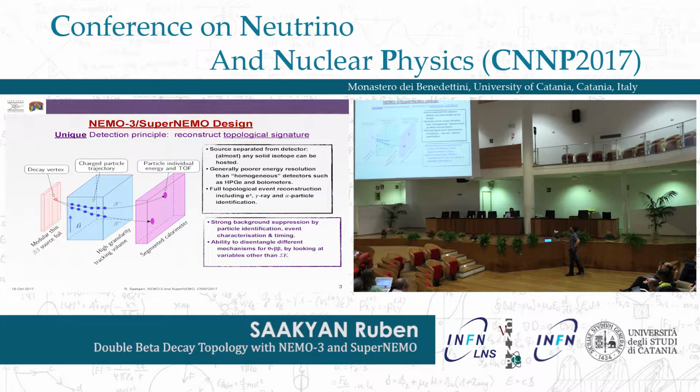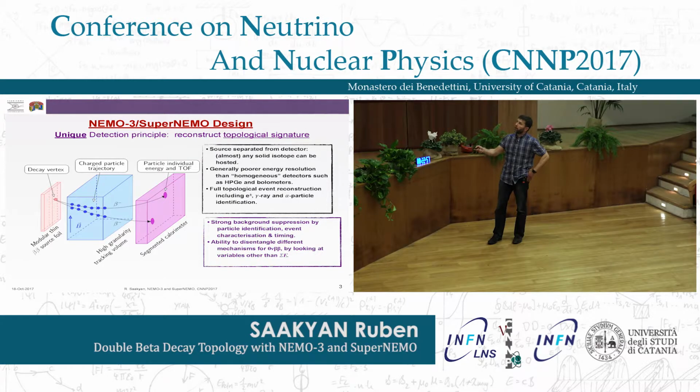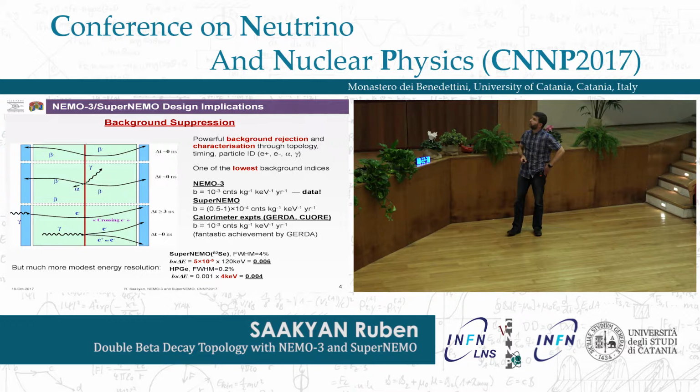And there are a couple of implications for that, right? First of all, you have isotope flexibility, but it also can produce a very strong background suppression by using the particle identification, characterization, and timing. And if you find this process, it gives you the ability to disentangle the underlying mechanism.